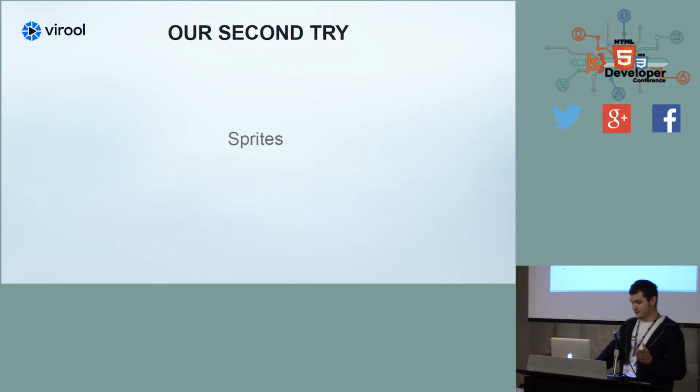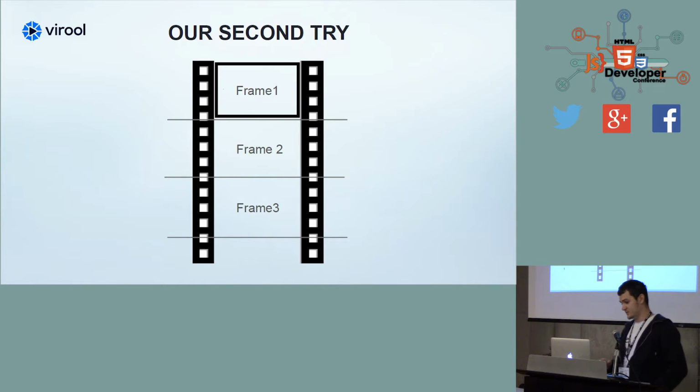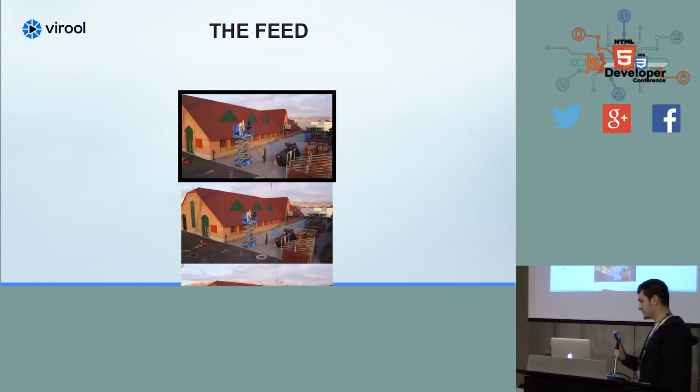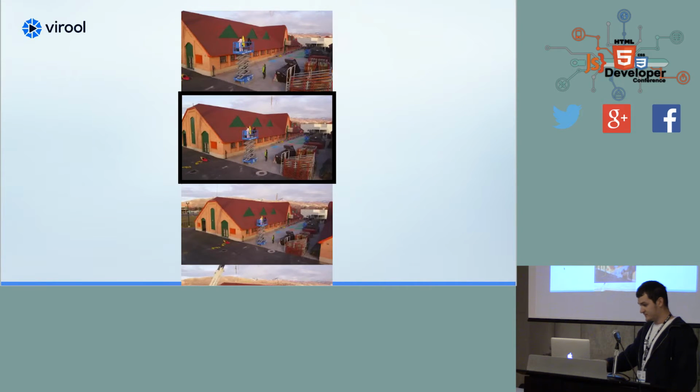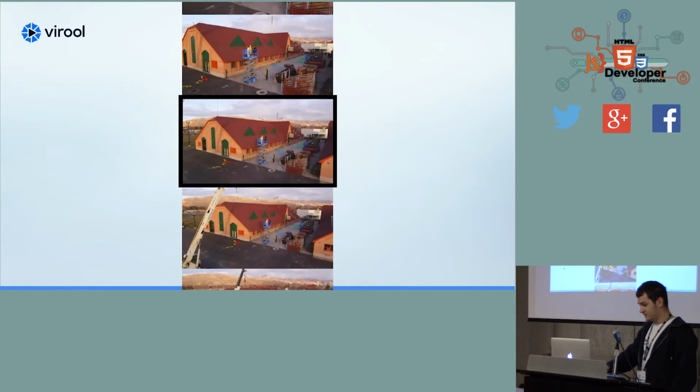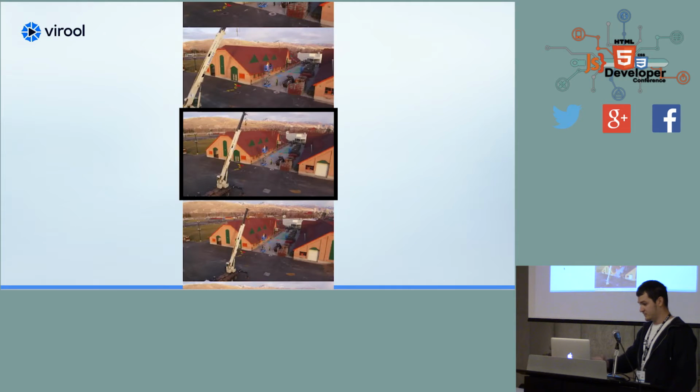And this is how it works. We just load the frames, and we switch them using the background position. So we can show the second frame, third frame, and so on. And we actually got a simple movie.